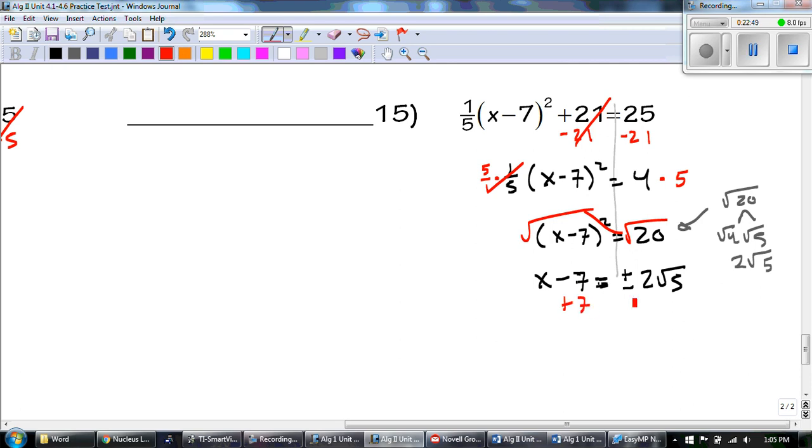And then we need to add 7 to both sides to get x equals positive 7 plus or minus 2 square root 5. So 7 plus or minus 2 square root 5 is our final answer.